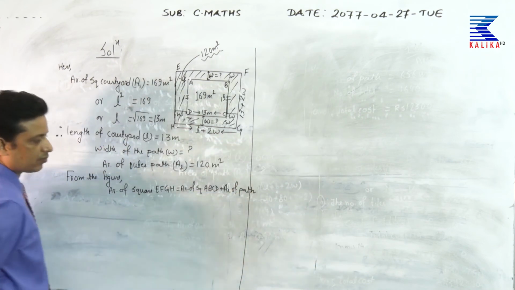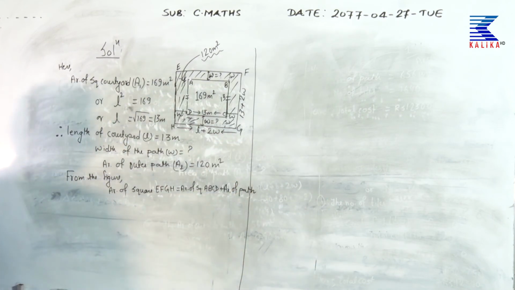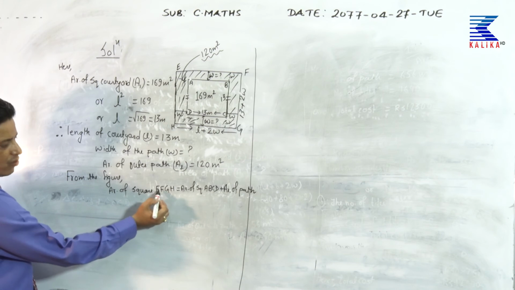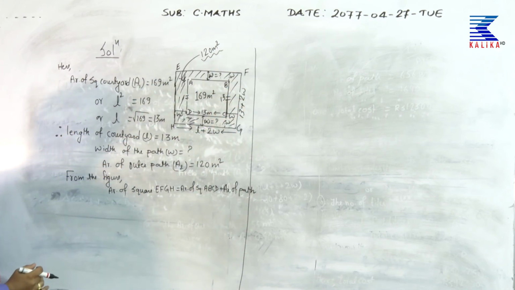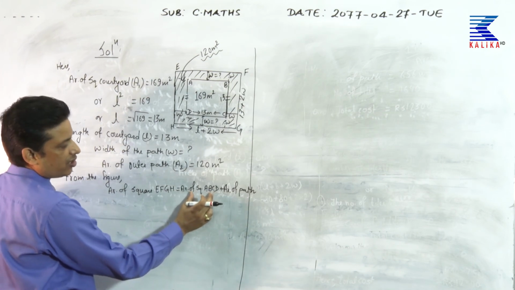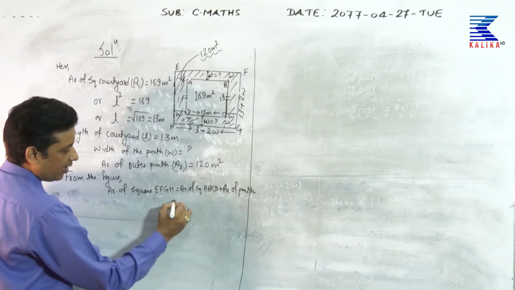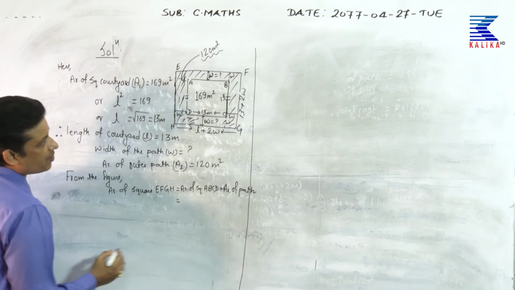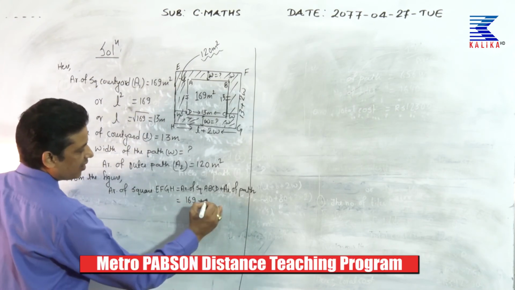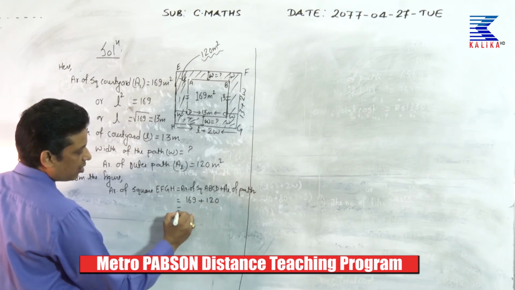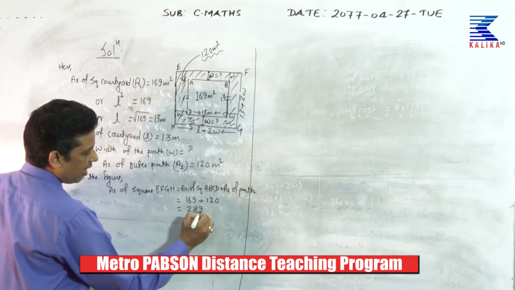I hope you understood it. The area of the outer big square EFGH is equal to area of the internal square plus area of the path, and it is area of square ABCD 169 plus area of path 120, and the total is 289 square meter.